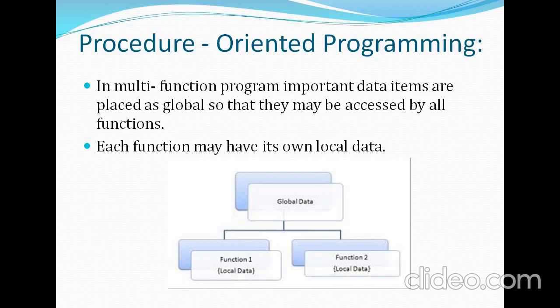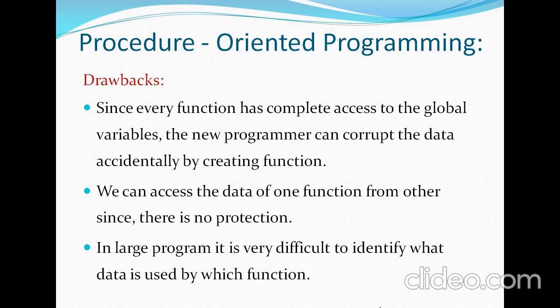Now the point is, when there is a big program, suppose a project which contains thousands of lines, it is very difficult to find out which variable is used by which function. So this is the main drawback. The main problem is that when data is global, any function can access it.